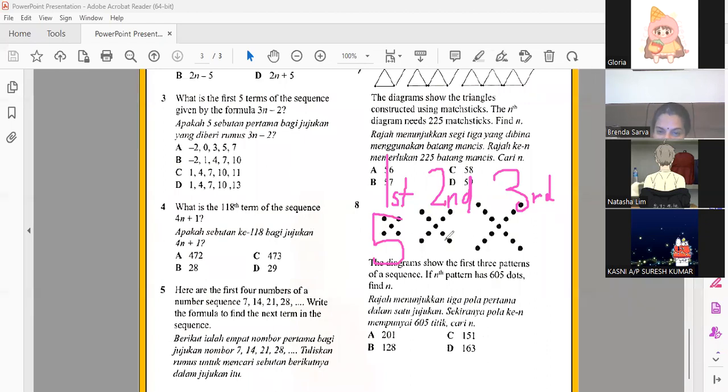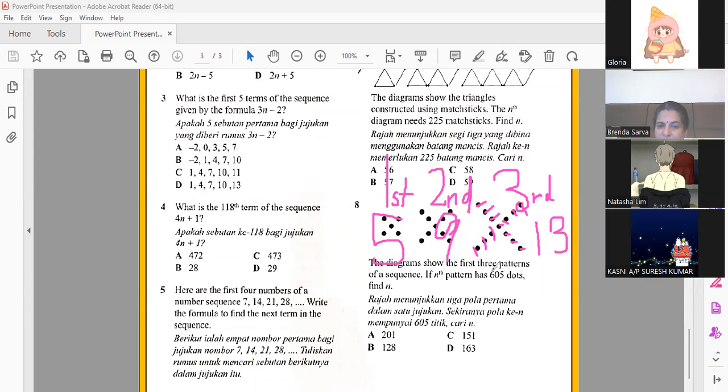Now, second figure has 1, 2, 3, 4, 5, 6, 7, 8, 9. Second one is 9. Third term, 1, 2, 3, 4, 5, 6, 7, 8, 9, 10, 11, 12, 13. Hey, isn't this the same as the earlier one?